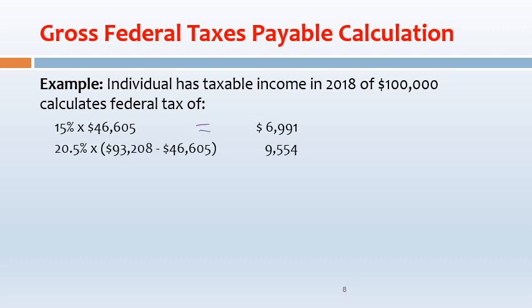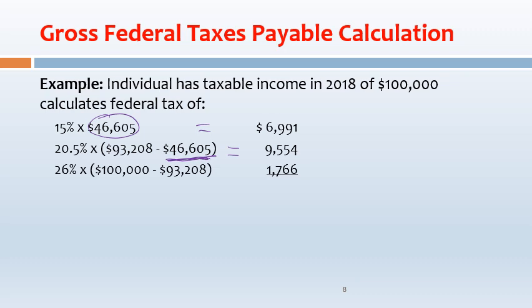Now, the next bracket, between 46,605 and 93,208, is taxed at 20.5%. We don't double tax, meaning we don't tax again those dollars that were taxed in the first bracket, so we subtract all the dollars of taxable income that were taxed in that first bracket. So 93,208 minus 46,605 gives us $9,554 of federal tax.